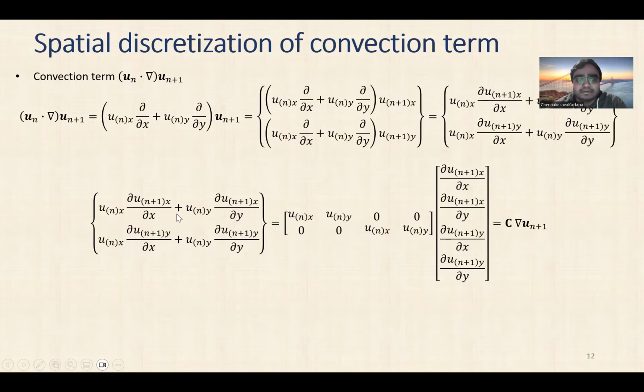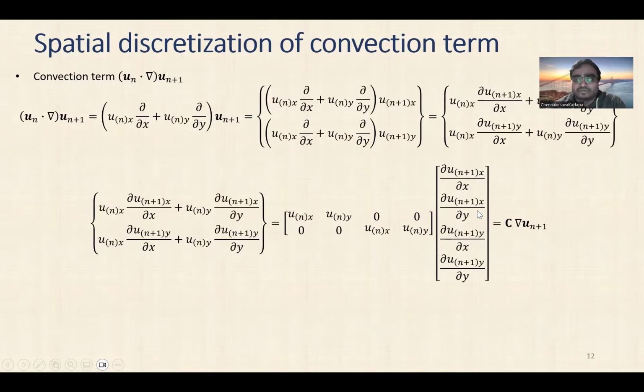What we try to do is separate the known terms and the unknown terms. So un x, un y are the known terms, and un plus 1 x, un plus 1 y are the unknown terms.